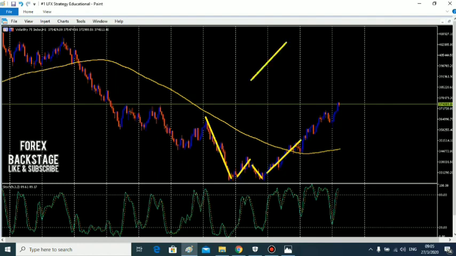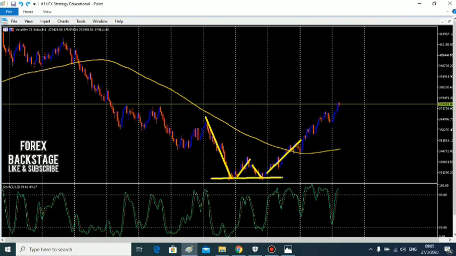M formations, basically they will be like this. So price has been going up, and then it hits the top, comes back, hits the top again. At times it can even go beyond. But today we're going to be focusing on the V75 W formation, which was formed earlier this week.